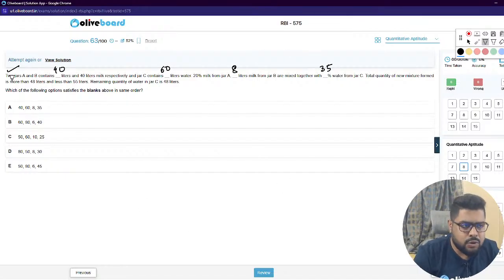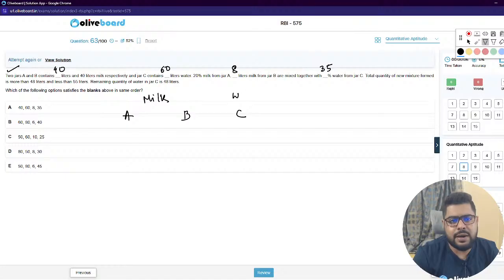Now 2 jars A and B contain milk. 40 liters, 40 liters. Jar C contains water 20%. Let's write it down. A, B, this is milk. Jar C contains water. Total quantity of new mixture must be between 48 and 55.